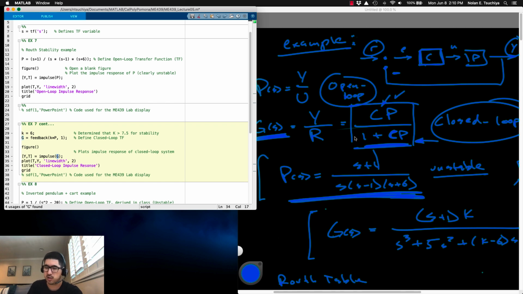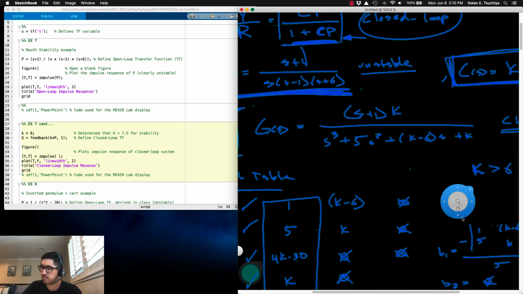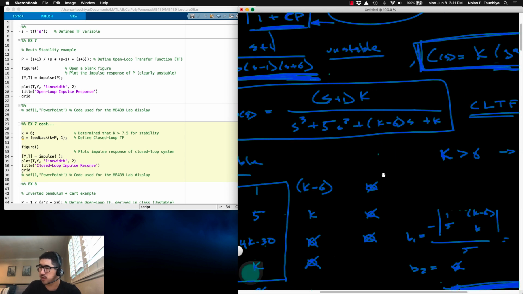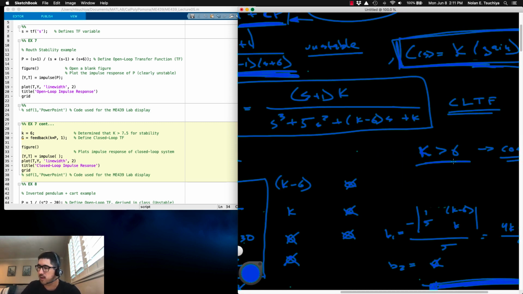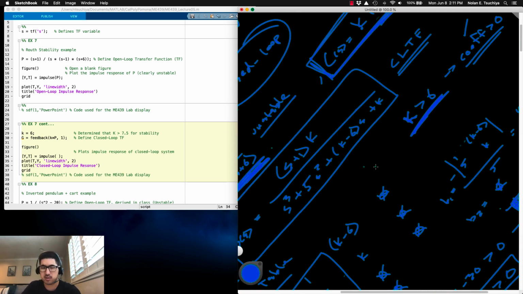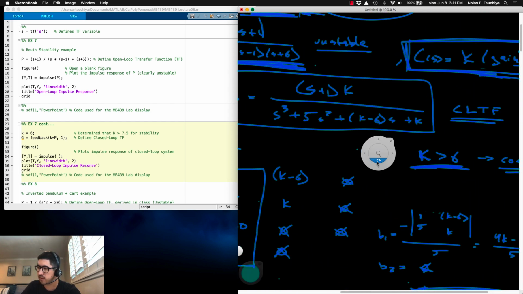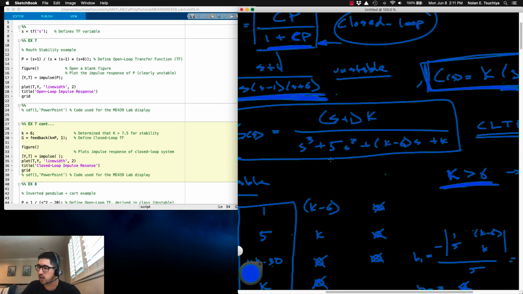Now, here's the thing I want to highlight first, looking back over here. If we were to look at the basic closed loop transfer function, and we didn't know anything about stability but knew about the denominator coefficients, we would just say that K just has to be greater than 6. That would guarantee that all of our coefficients are strictly positive.